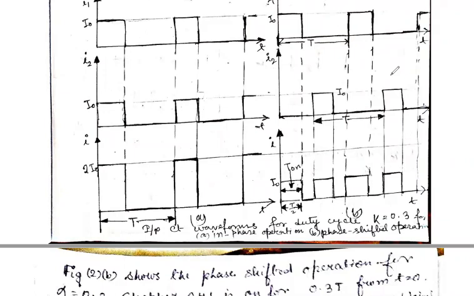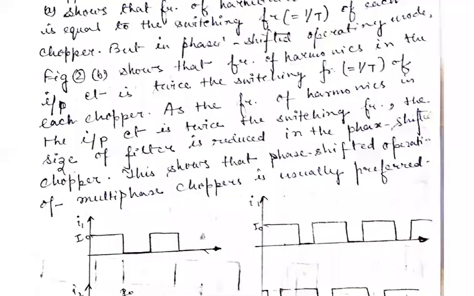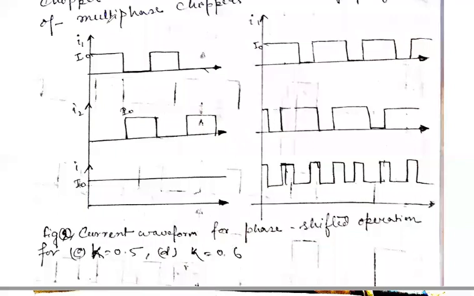Then we draw a graph for k equals 0.5, that means 50% duty cycle, and this graph is for 60% duty cycle. Here we see that for the 50% duty cycle and phase shifted operation, the output current is continuous and without any ripples.